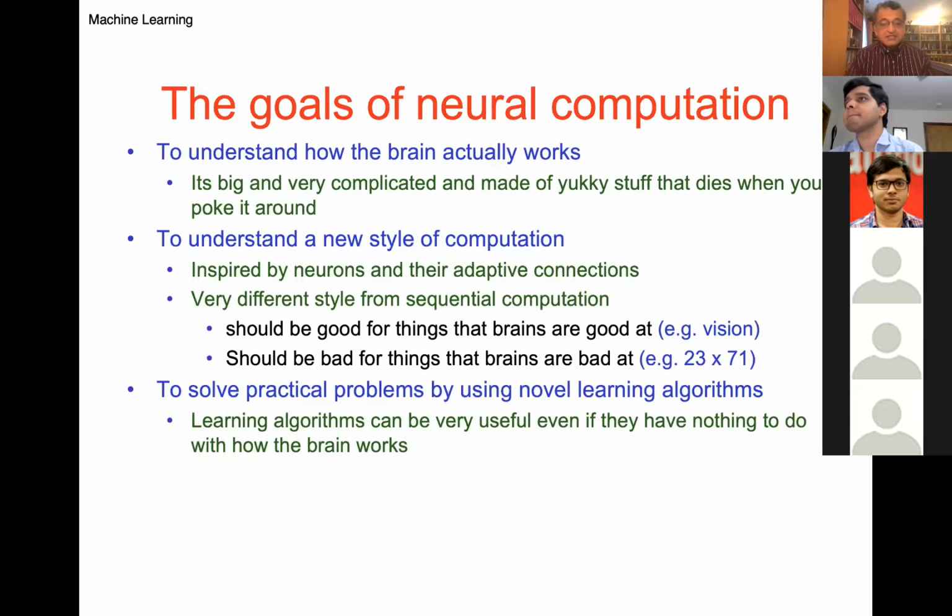The goal is to understand a new style of computation inspired by neurons and their adaptive connections, a very different style from sequential computation. We just said that it's parallel computation. It should be good for things that brains are good at. Example, vision. Our human eye is very good at detecting things, and that's going to require these neurons.